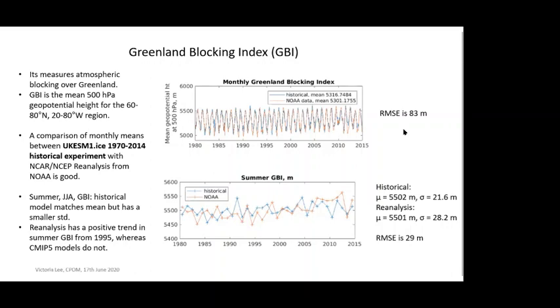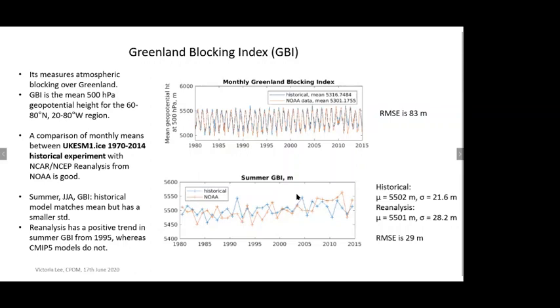Why we're interested in the Greenland blocking is because it's been shown that in the summer, positive anomalies correspond with accelerated melt rate over the ice sheet. So we take summer means for June, July and August and compare them with the reanalysis. It's not bad.